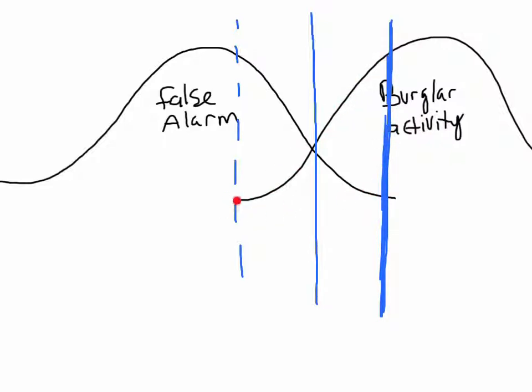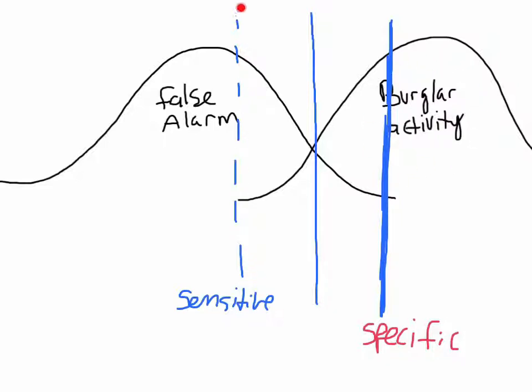A whole bunch. These would be false negatives. The alarm's not going off and burglars are getting into your car. So this would be an example of a highly specific test. It's specific for only burglar activity. Only burglar activity will set this alarm off.